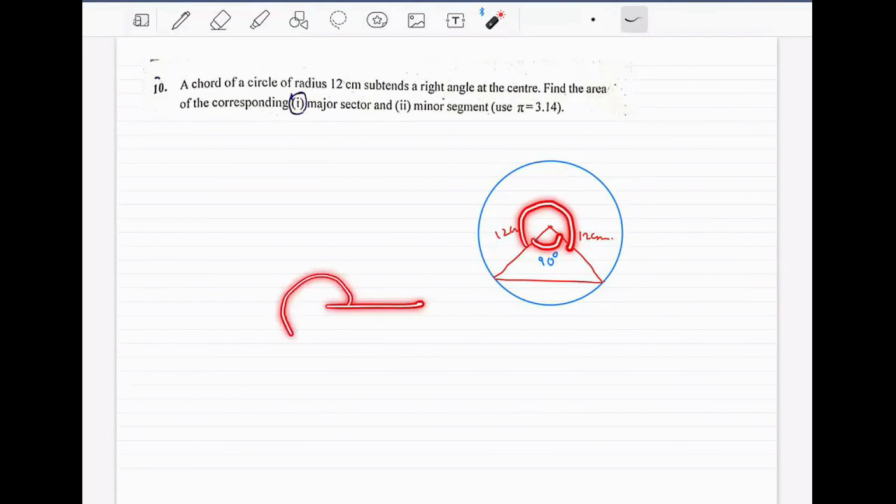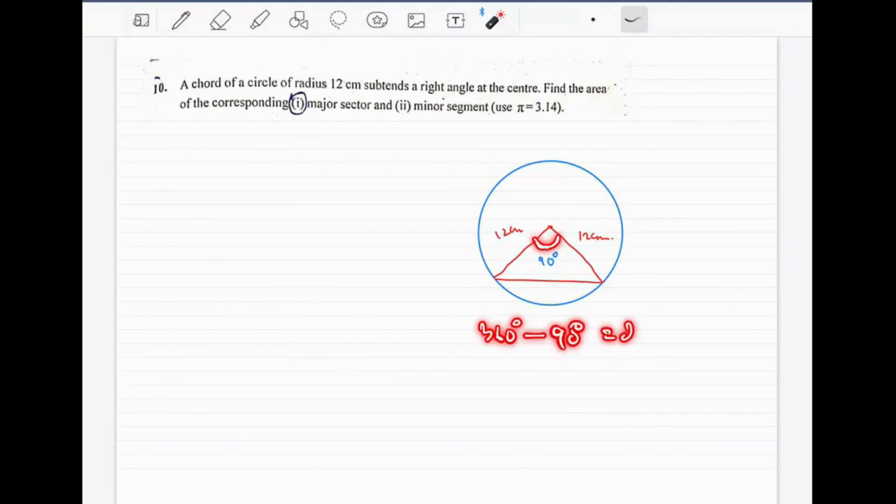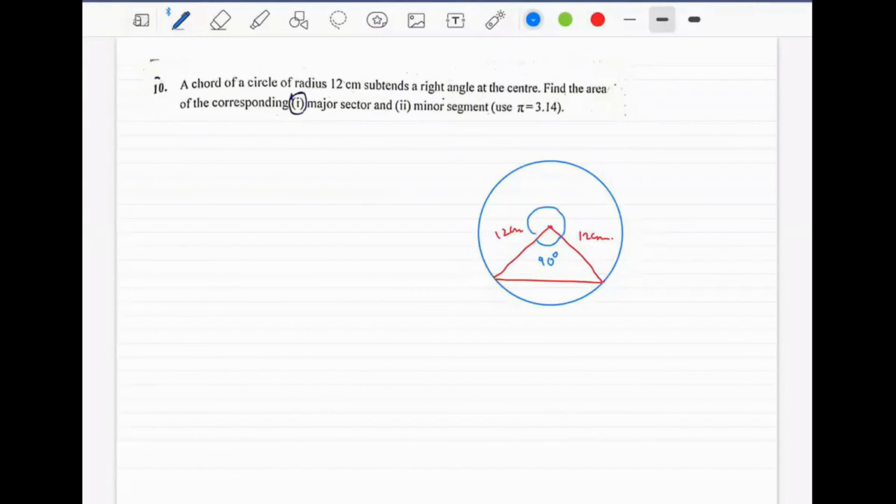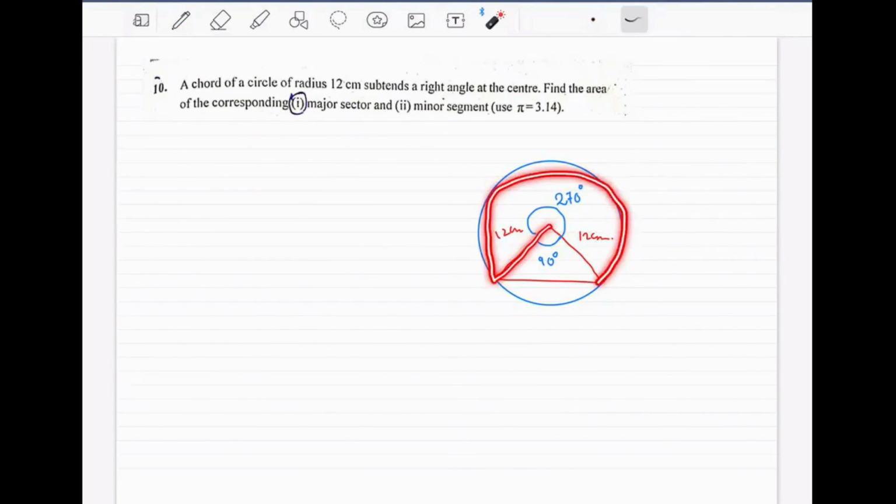The full angle is 360 degrees. Out of 360, if you remove 90, how much is it? 270 degrees, right? So this angle is 270 degrees. If you want the major sector, the angle is 270 and the radius is 12.